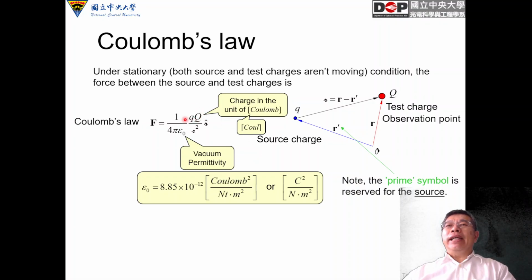The charge is related because the source is contributed by the charge. Small q is what we denote as the source charge, and the unit is Coulomb. Either you write coulombs or coul, both work.